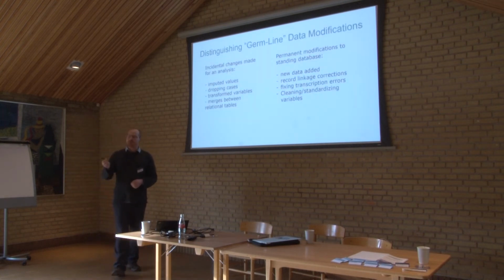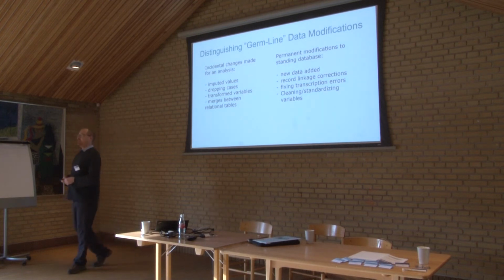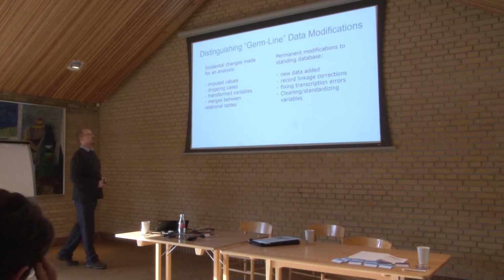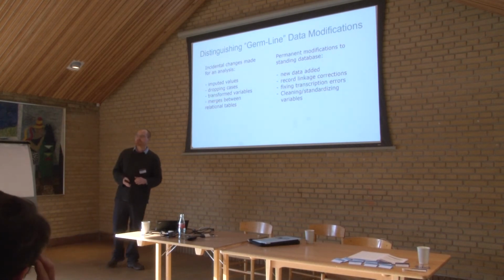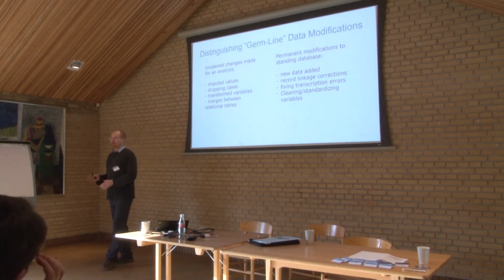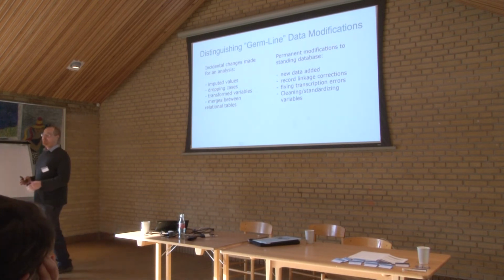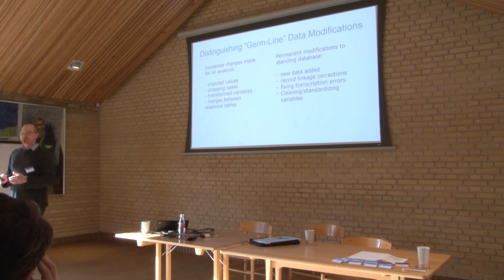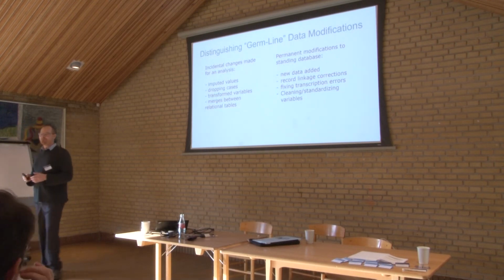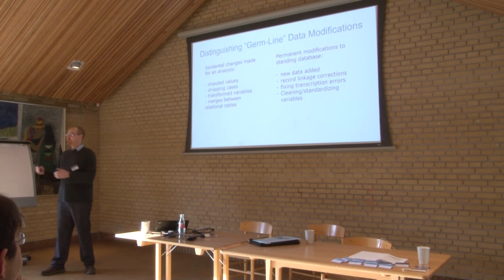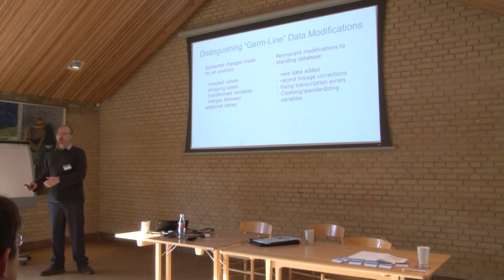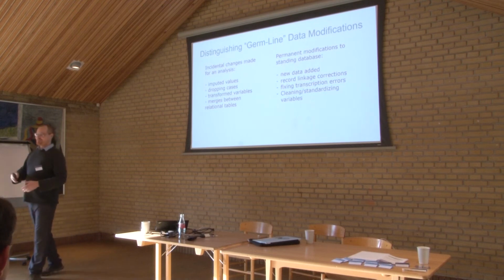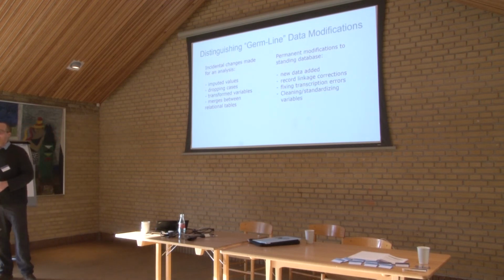I think that one technique that might be useful when we're talking about longitudinal data revisions is trying to distinguish what I'm calling germline modifications from incidental analysis modifications. There's certain things that you do to a data table for an analysis that shouldn't persist in the data after that analysis is done. For example, I don't need a column called age squared, right? It doesn't need to exist as a separate variable. If it's just derived from age, you can calculate it if you want.